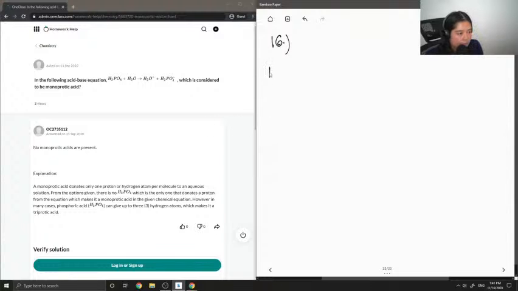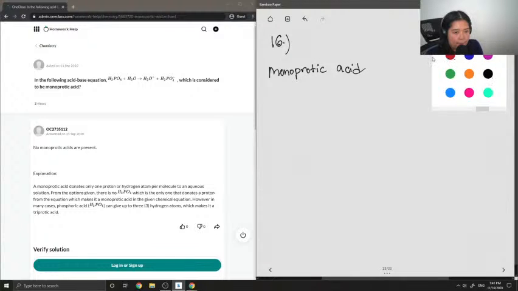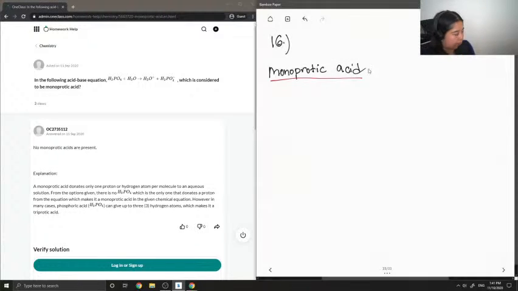So first I'll write down the definition of monoprotic acid. Basically, this is the substance that only donates one proton, which is the same as H+.